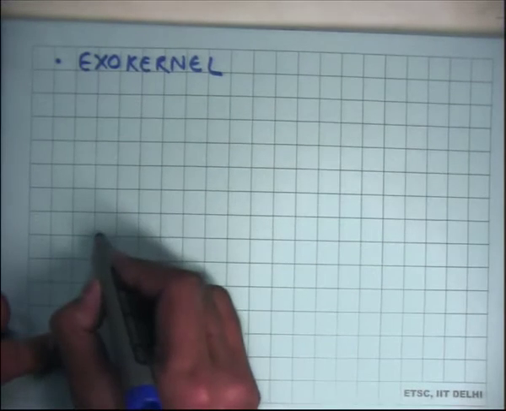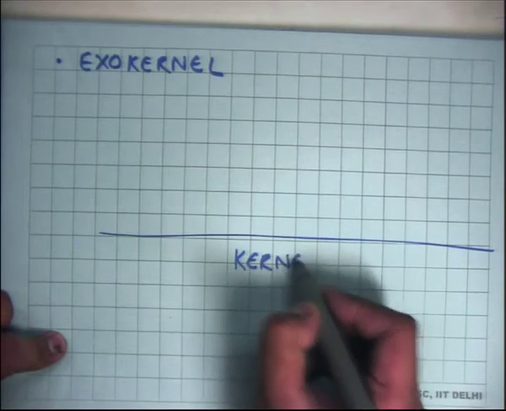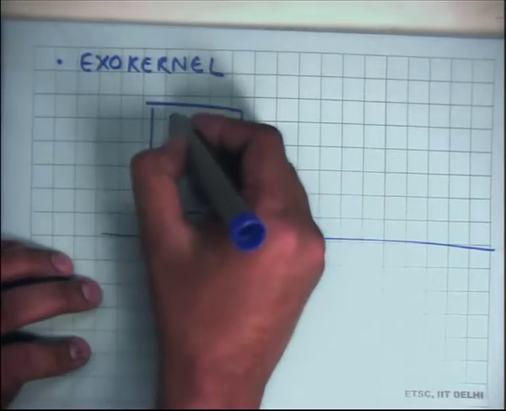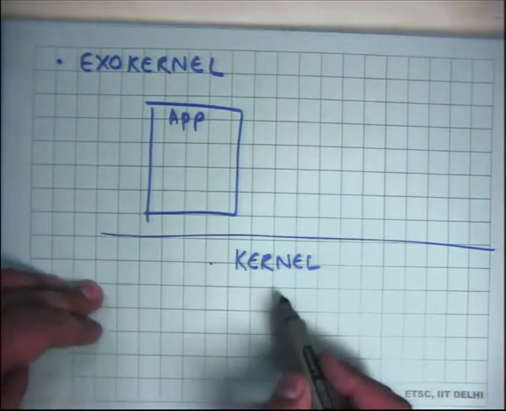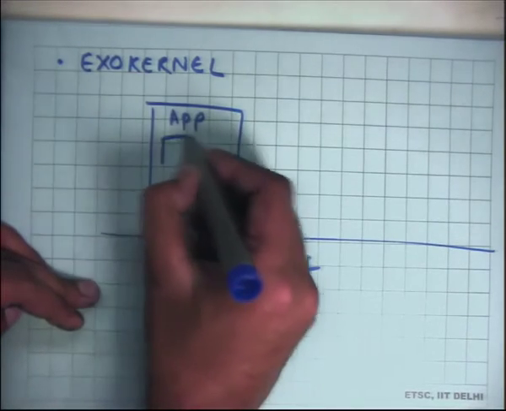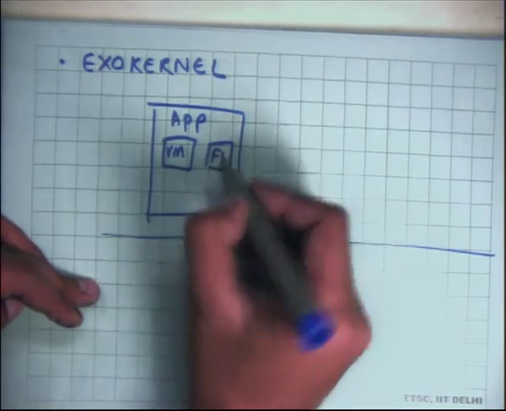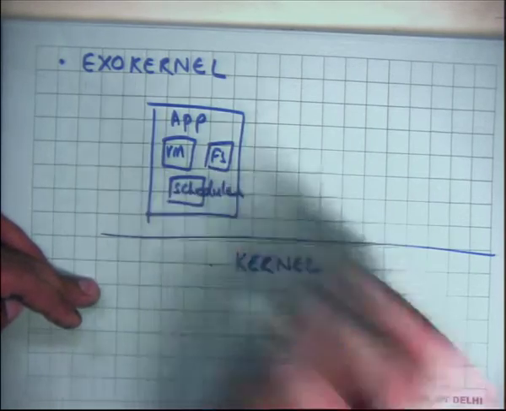So here the idea is that let's say this is my kernel and this is my application. Earlier my VM and file system were living inside my kernel. Instead of that, let all these subsystems live inside the application, the scheduler, right?